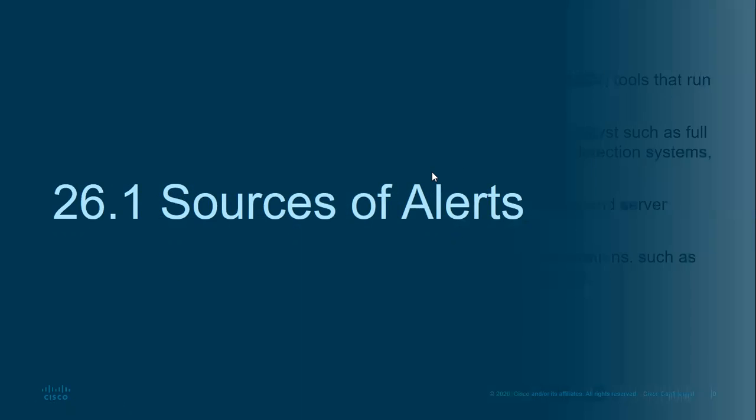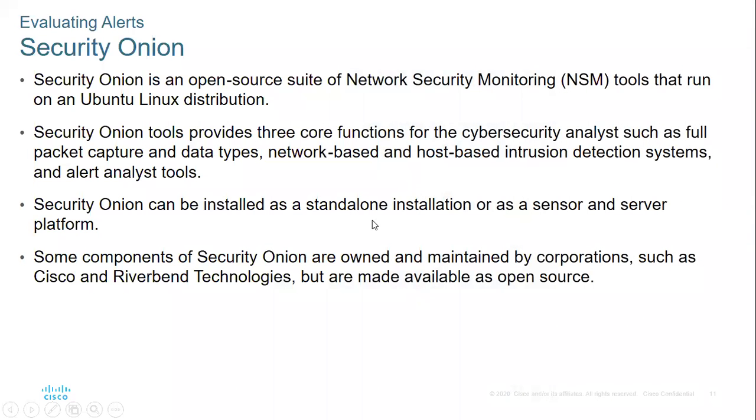Sources of alerts, section 1. We have a tool known as Security Onion. This is an open source suite of network security monitoring tools that runs on Ubuntu Linux.